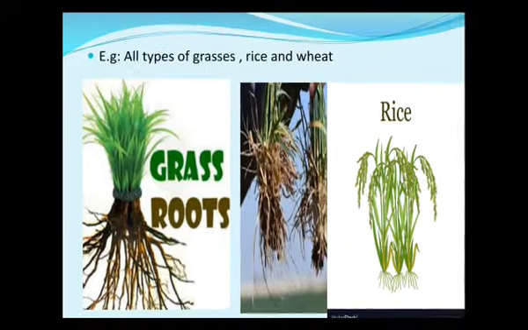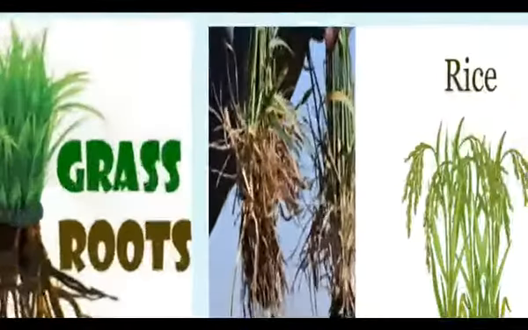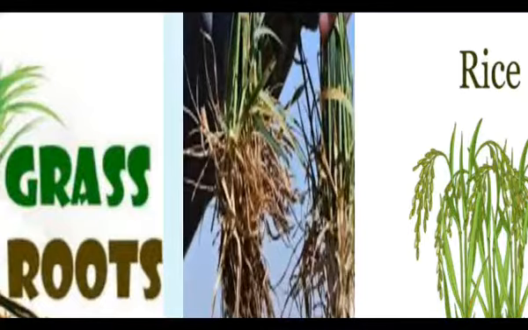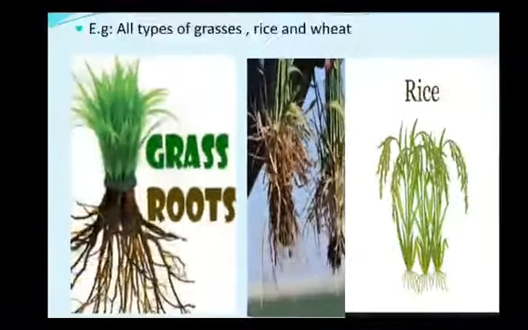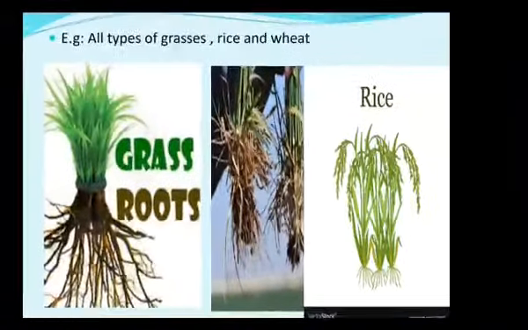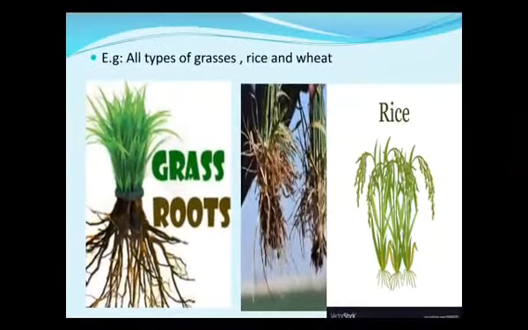Then wheat, this is wheat. I have taken the picture of the wheat plant. These are the roots of wheat, that is also fibrous root. Grass roots you can see, and paddy plant too. All these are the pictures of fibrous root.